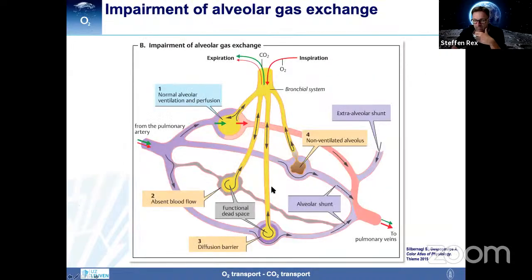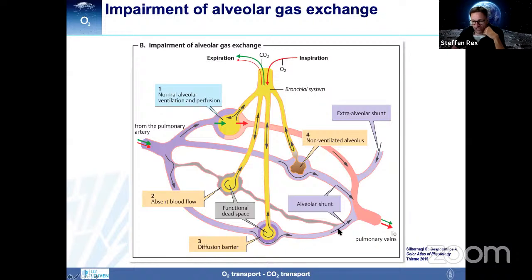That was the situation in the healthy lung, but we also have sick lungs, sick patients, where you have not only normal alveolar ventilation and perfusion, but also a lot of different phenomena. For example, in an atelectasis, you have non-ventilated alveoli. You have alveoli where there is a diffusion barrier, for example, due to fibrosis or edema.